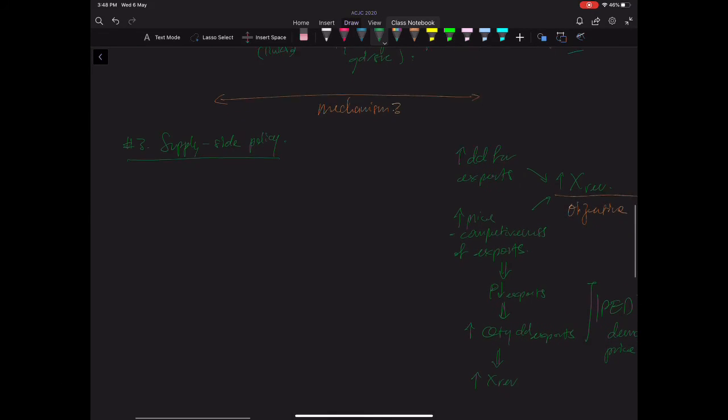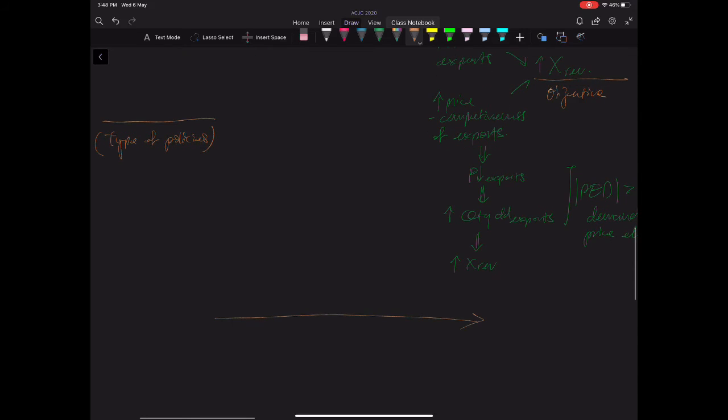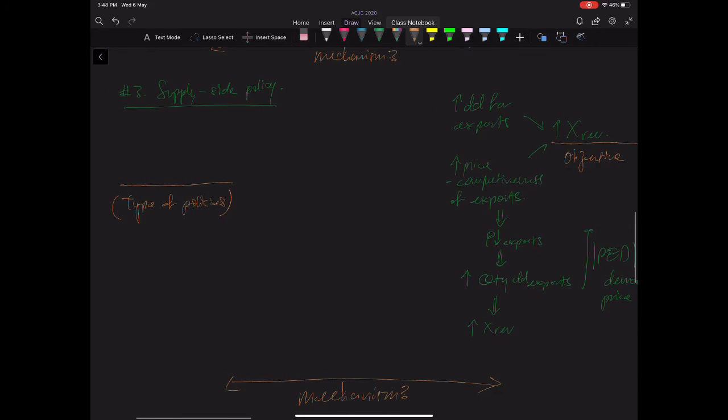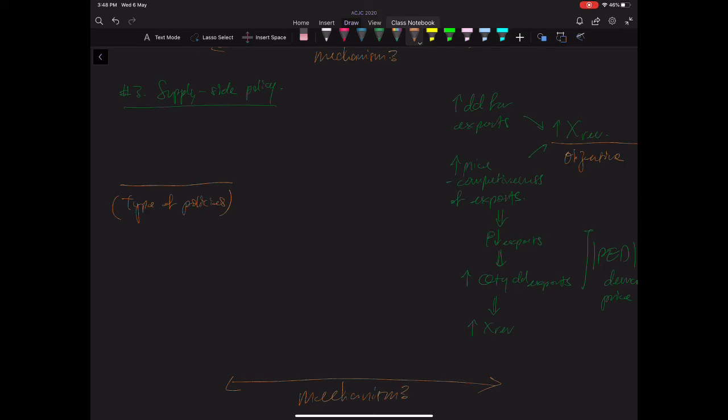Okay, so what are some ways, policies, supply side policies, that could get us there? Okay. Well, in the notes, they have suggested a few things, but the first is, sorry, I'm struggling with my pen.